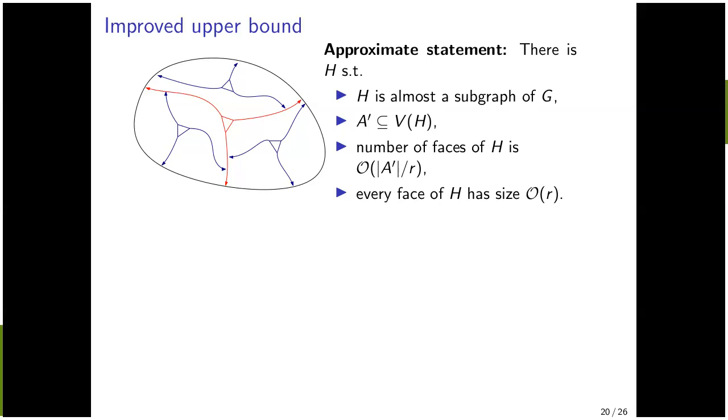The proof relies on some ideas from the proof of the product structure theorem. Basically we start with H being just the outer face. And as long as there is a face which is too large, of size bigger than R, we split it into 3 smaller faces. So that's the idea of the proof.